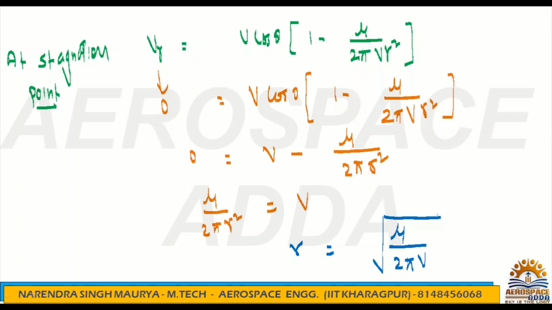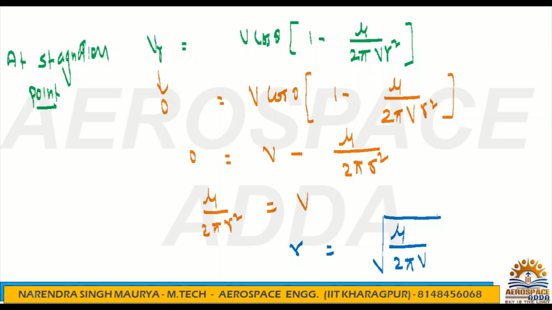So this is your radial distance. It's a circle, this proved itself. I can show you by the angle also.